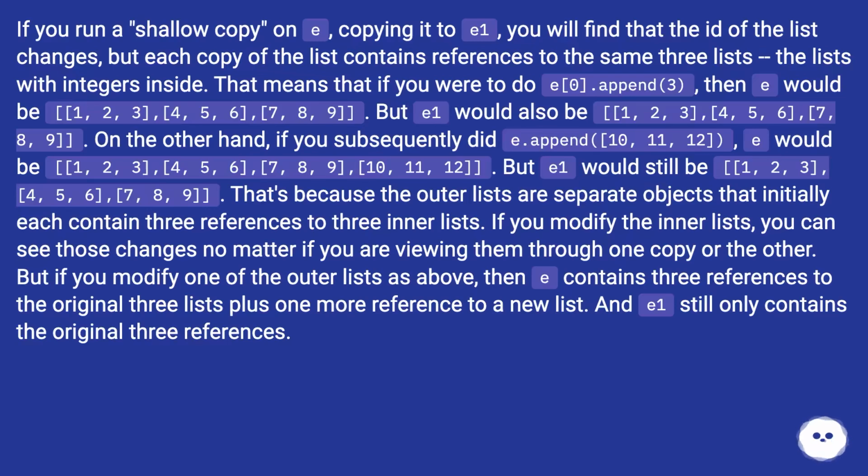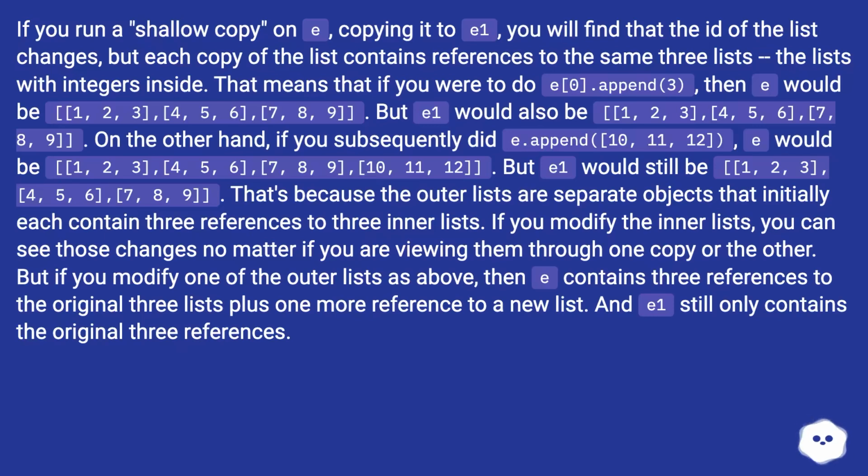On the other hand, if you subsequently did E.append([10, 11, 12]), E would be [[1, 2, 3], [4, 5, 6], [7, 8, 9], [10, 11, 12]]. But E1 would still be [[1, 2, 3], [4, 5, 6], [7, 8, 9]]. That's because the outer lists are separate objects that initially each contain 3 references to 3 inner lists.